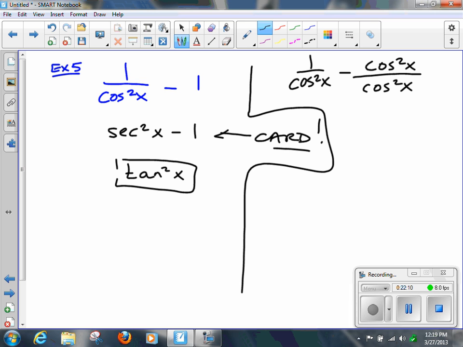So if it's 1 over cosine squared, it's just secant squared. Okay? That's all. Isn't that cool? Don't you love to figure that out after you've worked the problem the long way? What is this? What am I going to do now to this? I'm subtracting. What does that do? Smush it together. Watch.